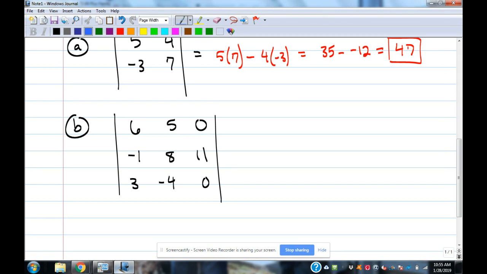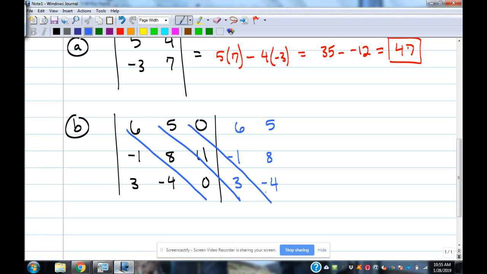One of the methods for doing a 3 by 3 by hand is to take the first two columns and copy them again. So I would copy over 6, -1, 3, 5, 8, -4. Just the first two columns. Then you take the diagonals, and the ones that go this direction that have 3 numbers in them, you're going to multiply all 3 numbers together in that diagonal.